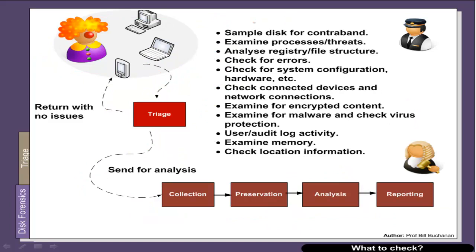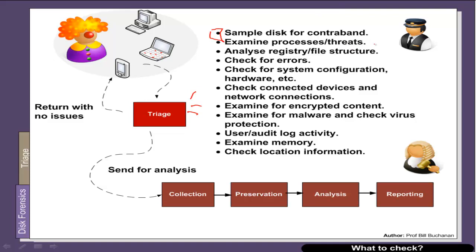Some of the things that we might do if we were allowed to do a triage on the system is to sample the disk, and we'll see a technique for this later on. We might go in and sample points on the disk to see if we can identify any contraband material.